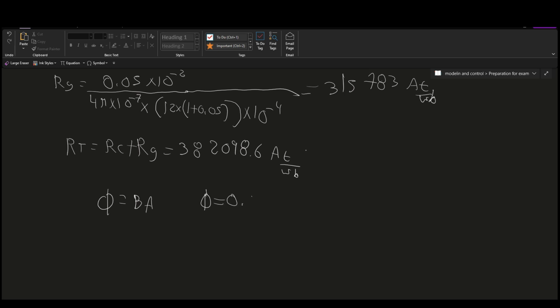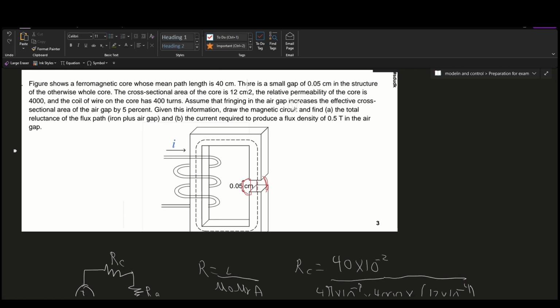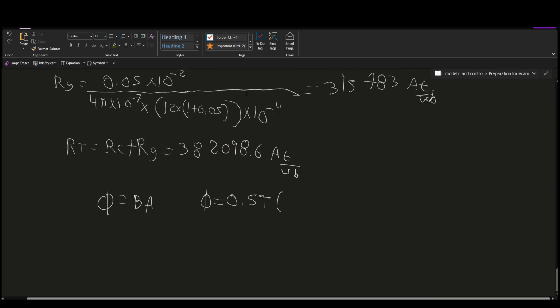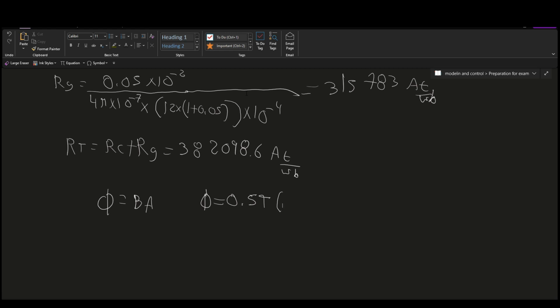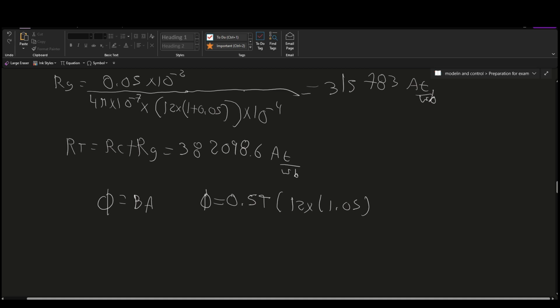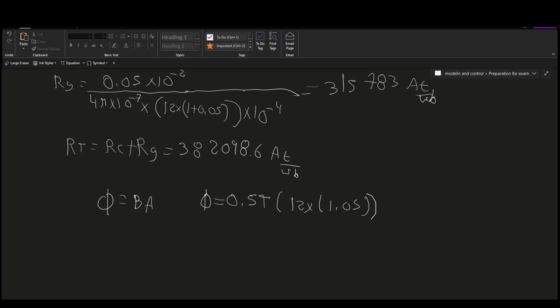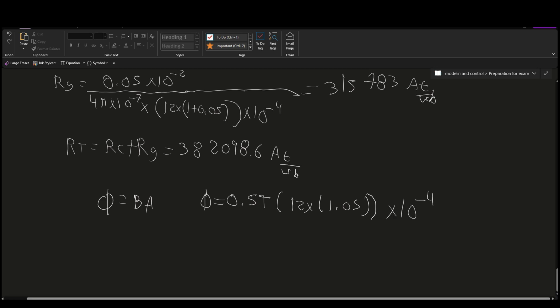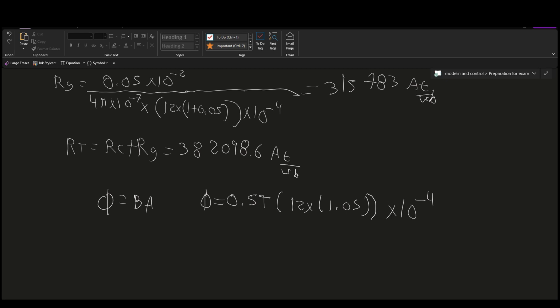In this case they are telling us that it is 0.5 Tesla, and we multiply this by the cross-sectional area, and in this case they are talking about the flux produced in the air gap, so we use the same area that we worked with for the reluctance of the air gap, so it will be 12 times 1.05, because we need to account for that 5% fringing, times 10 to the minus 4, because we need this in meters.